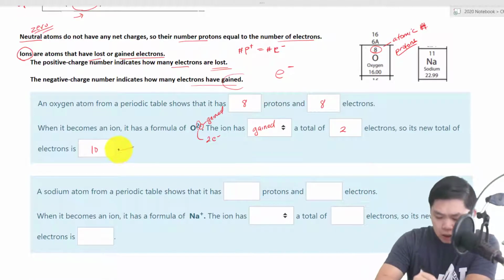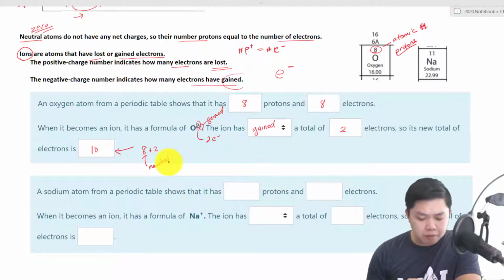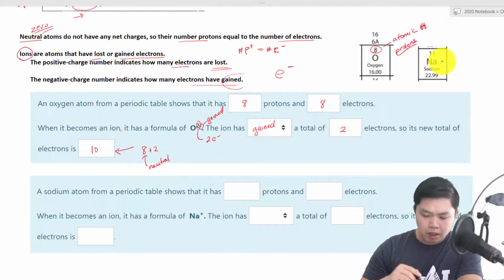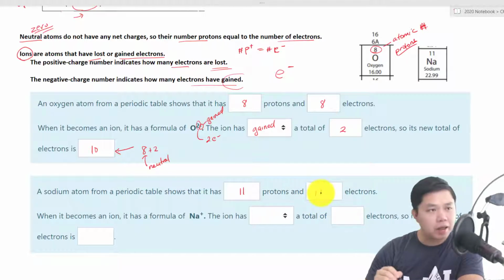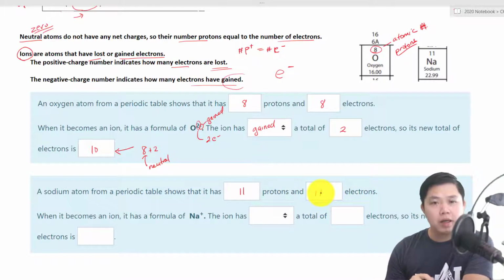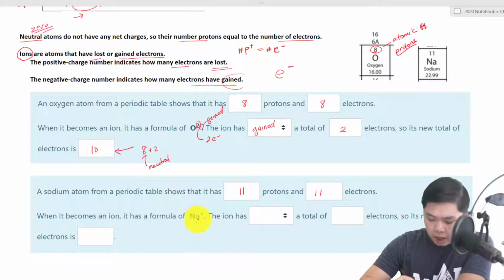So here it is coming from 8 plus 2. The 8 is from the neutral atom's original number. Now let's look at another one. Sodium atom from the periodic table. Here's sodium. It has 11 protons right there. And then of course it's going to have 11 electrons because, again, it's neutral. When it becomes an ion, it has a formula of Na+.